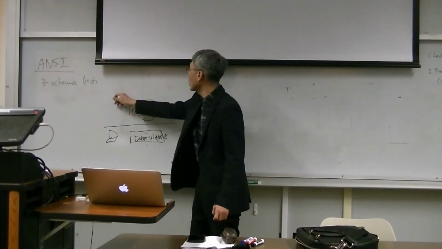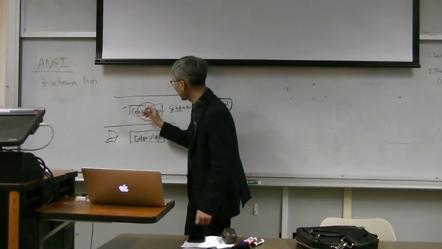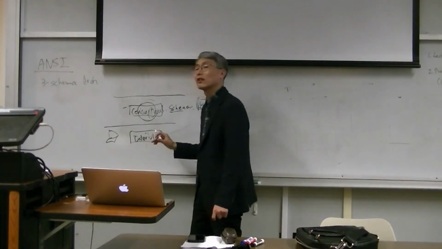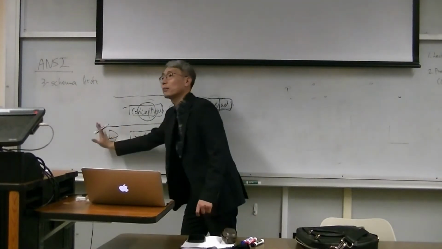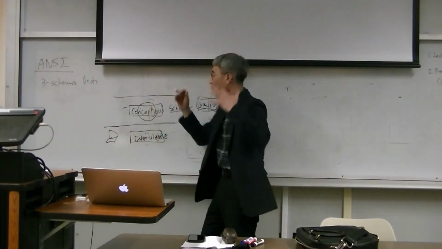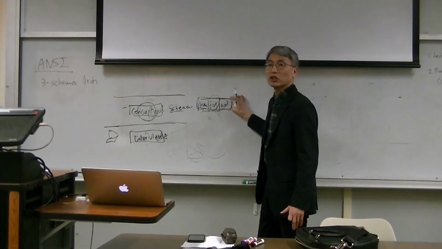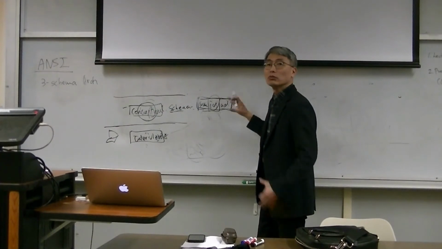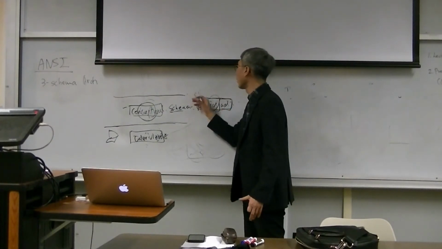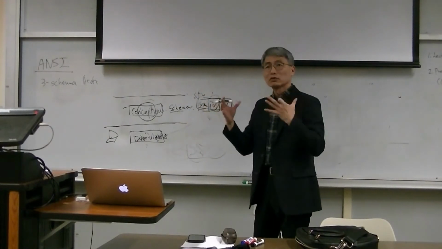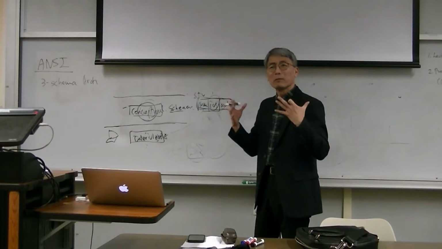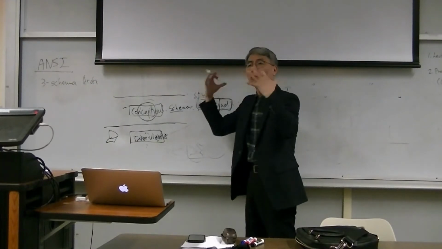So this is the conceptual level, and this is the internal level. The conceptual level is separated from the physical, computer part. What is more important is domain knowledge. We need to know what a student is, what is the important thing, and when we talk about information or data, what is meaningful.